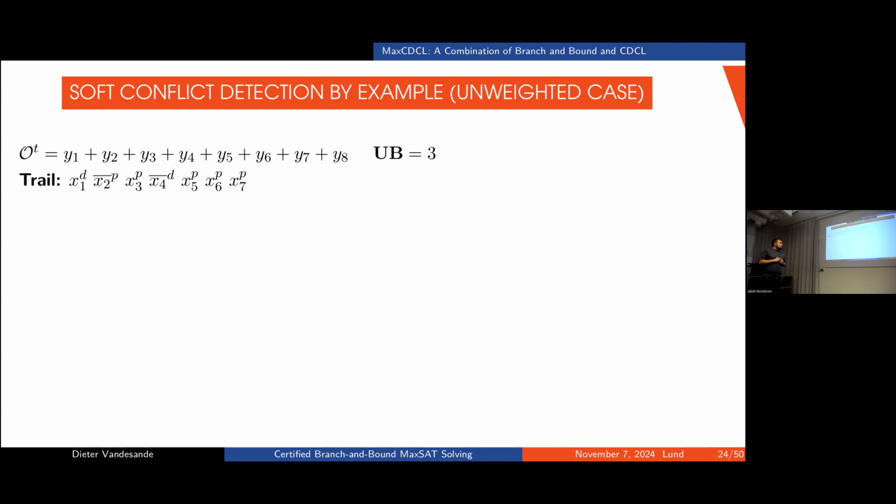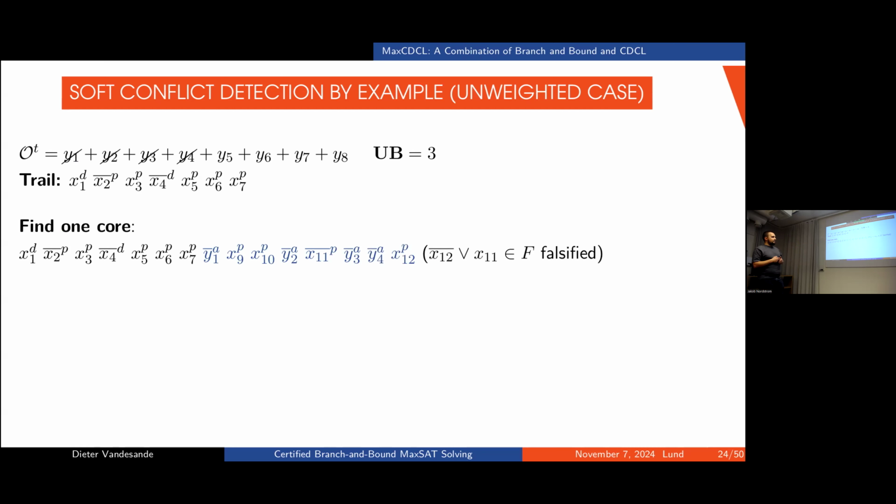So let's dive into an example. You have an objective and an upper bound of 3, and you have a current partial assignment. First of all, we assume y1 to be false. This propagates some literals. We assume y2 to be false, which again propagates something. We assume y3 and y4 false, and this propagates x12, which falsifies some clause in our formula.